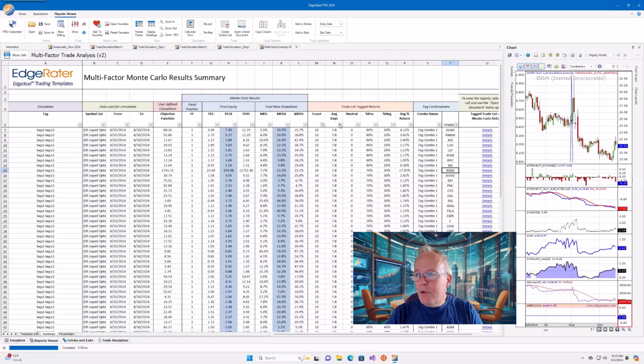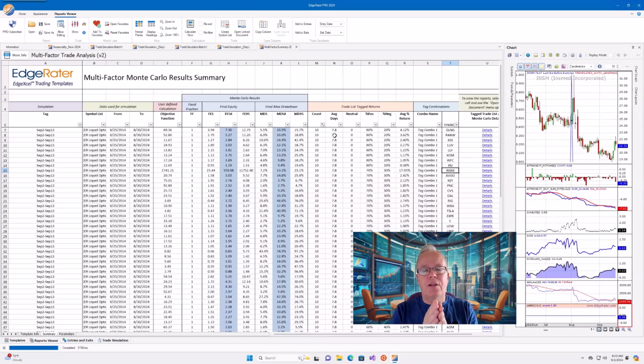The number of days in this trade is 7.8, so it's not quite your two weeks. It's not going to give you the same numbers as if you ran the seasonality now and looked at the two-week column. This has done something even more detailed.